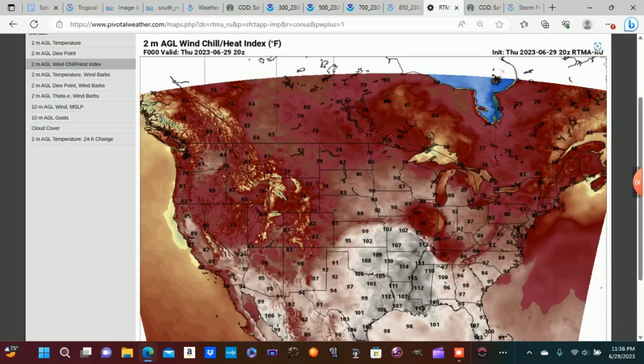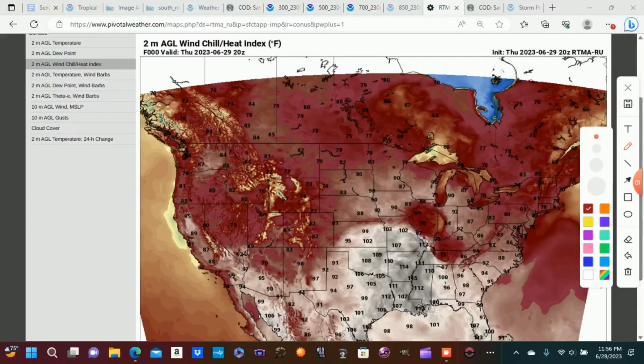So at around the same time, this is the heat index that was observed at around 3 p.m. on Thursday. And you can really, really see the difference that these storms made. So away from your thunderstorms that occurred today, you had a pretty widespread swath of heat index between 110 and 115.